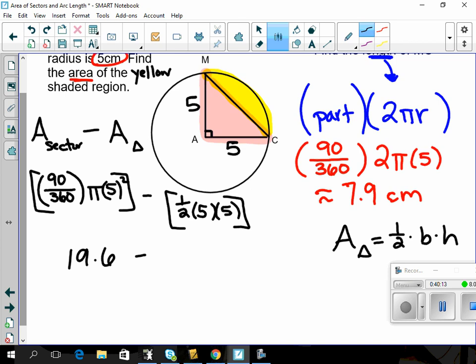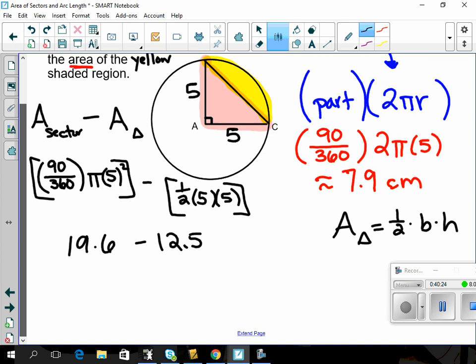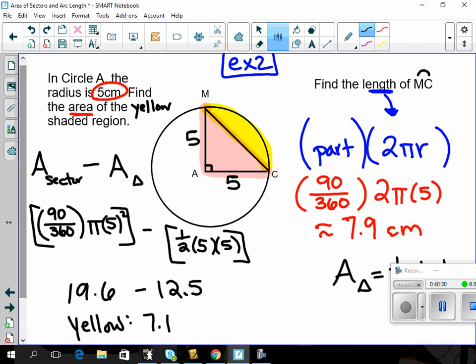All right, so 19.6 minus 12.5. And that's an exact answer, right? 12.5. Subtract them. We want just the yellow region. It is 7.1. And what are my units? Not just centimeters. Square centimeters. Very good.